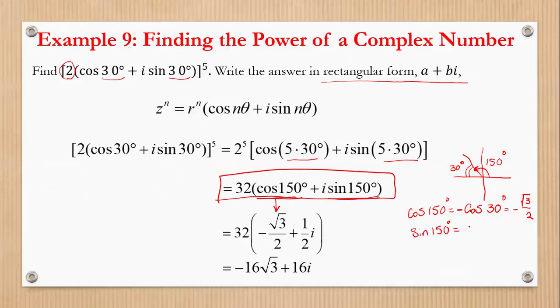So the sine of 150 should be the same as the sine of 30 degrees. In the second quadrant, the sine is positive, and it should be equal to 1/2. Now we distribute 32, simplify 32 by the denominators of 2, and then we get negative 16 root 3 plus 16i. Now I have the answer in rectangular form, in the complex plane.